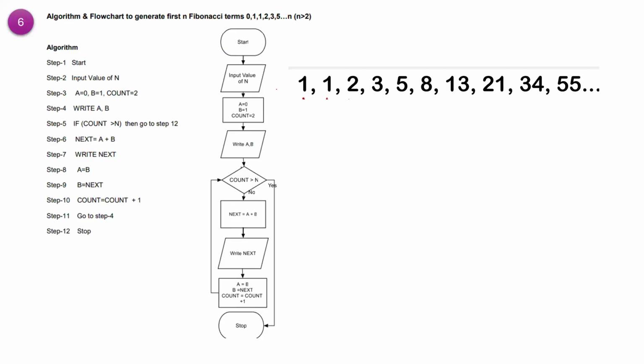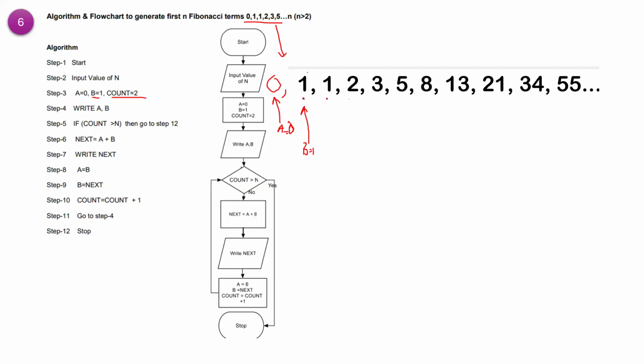So 0 in this part, according to this logic. And A will represent our first number initially, its initial case. And B will be the second number.